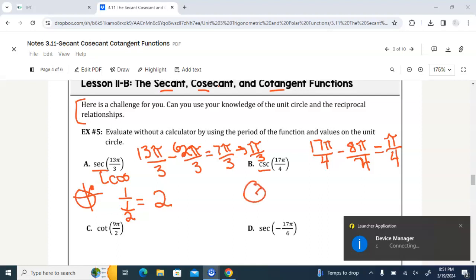So at pi over 4, now remember cosecant's 1 over y, we're going to call it. Also known as 1 over sine, which you'll see later. So my y value is root 2 over 2. So I'm going to do 1 over root 2 over 2.